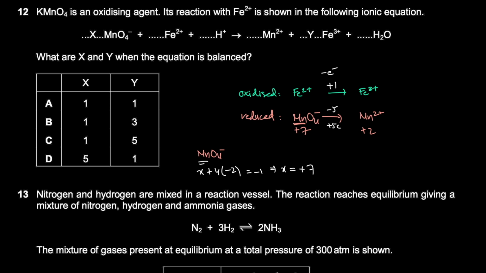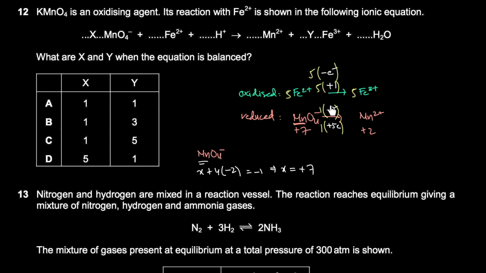So to balance this, we're going to need 5 irons for every 1 manganese. Each Fe is losing 1 electron, so 5 of them will lose 5 electrons and then 1 manganate 7 will gain 5 electrons, right?